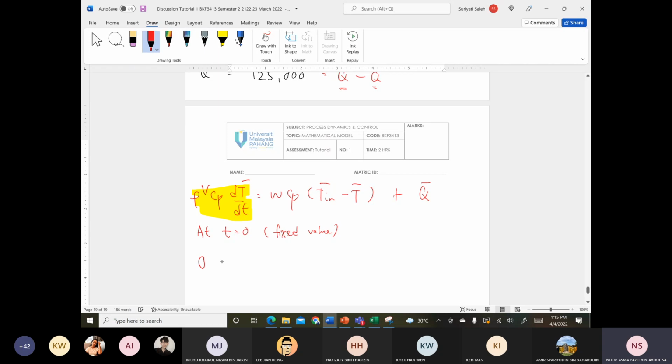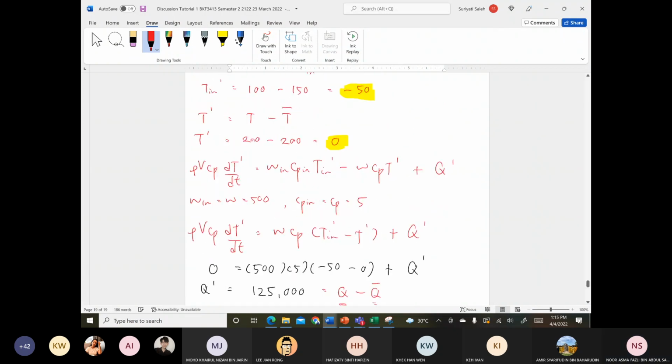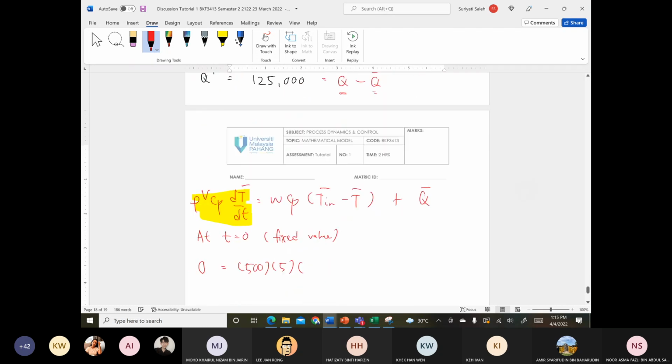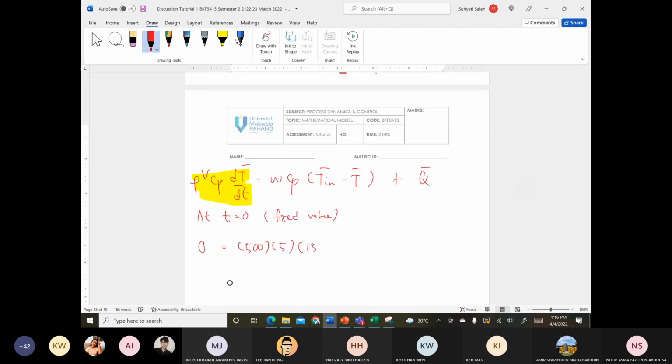So 0 equals W Cp, where W is 500, Cp is 5, and T in bar in this case is 150, minus T bar, which is 200, plus Q bar.